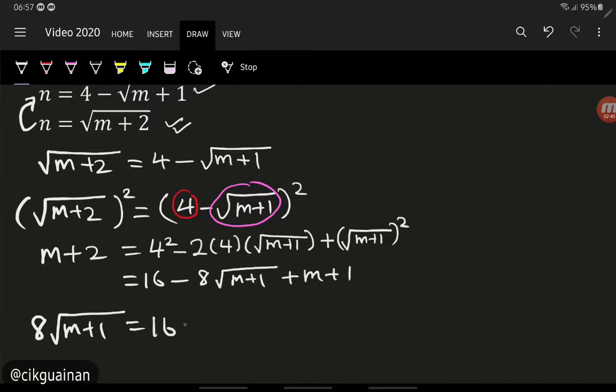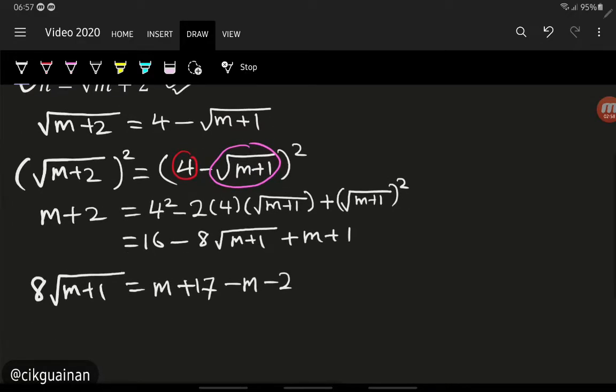So 16 plus m plus 1, rewrite, m plus 17, minus m minus 2, because m plus 2 is on the left hand side, we move it, we will have these two over to the right hand side. This one simplify further. M minus m is 0, right? 17 minus 2 is 15. So we have 8 square root of m plus 1 equals 15.